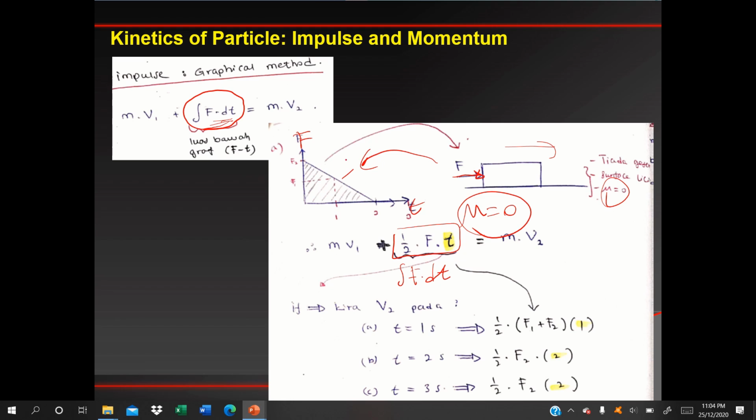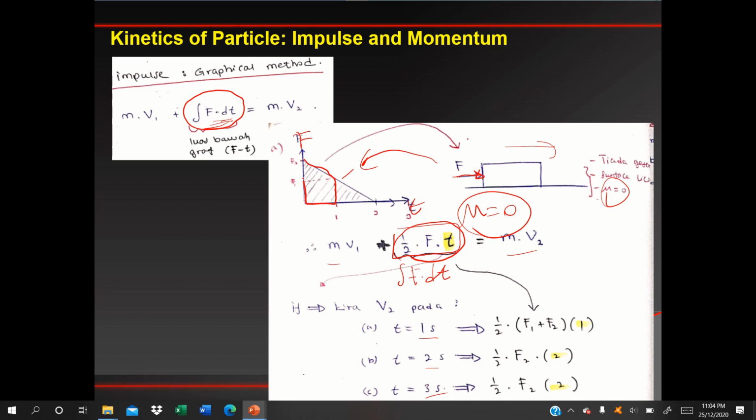The force given follows this graph. If the question asks you to find something at t equal to 1 second, 2 seconds, or 3 seconds, the m2 you can replace, but the part in the middle you have to replace accordingly. Say at time equal to 1 second, your graph will be only here.